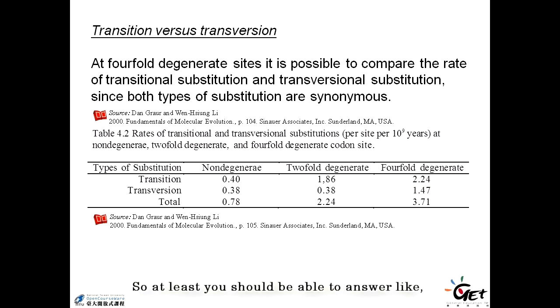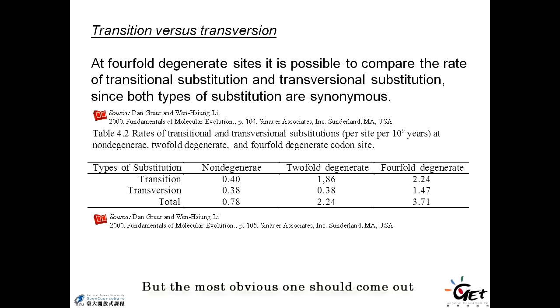At least you should be able to answer that transitions happen more frequently than transversions, right? So just by looking at the mutation rate. Of course, later we'll think about other components. I tried to pick probably the most obvious answer for the differences, but it doesn't mean that's the only answer.